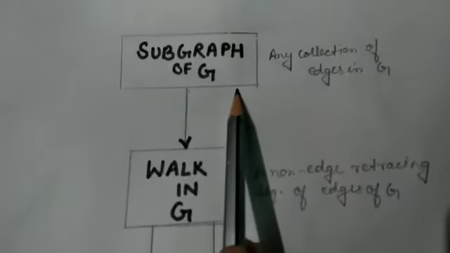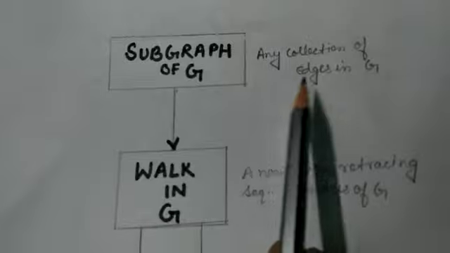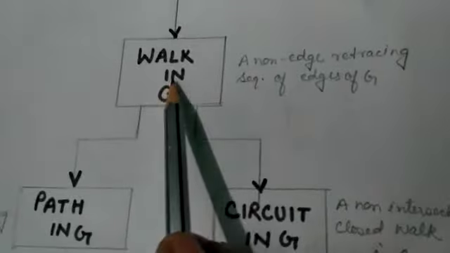Now let us recap what we have studied. A subgraph of G is any collection of edges in G. Then we have studied about walk.